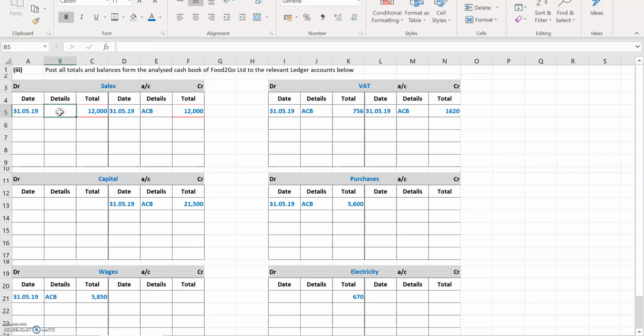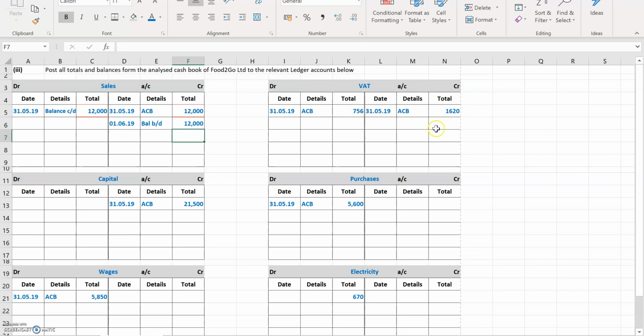It's going to be your balance, and it's the balance that's going to be carried down to the next month, 1st of the 6th, 19, balance brought down. And that's going to be your 12,000.